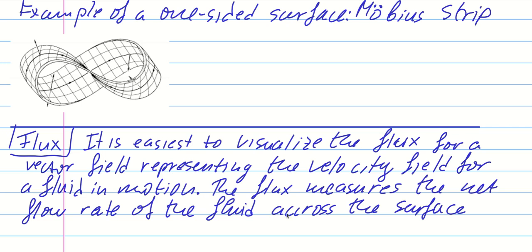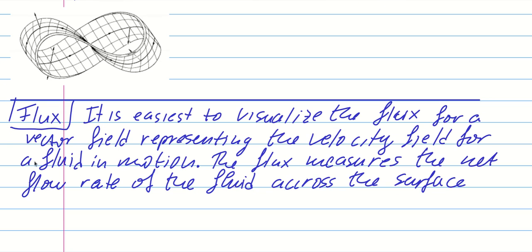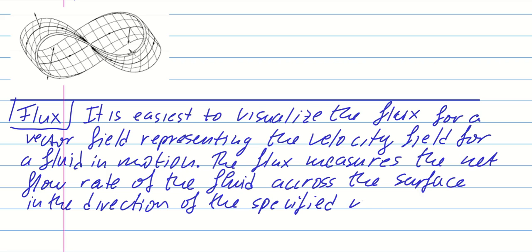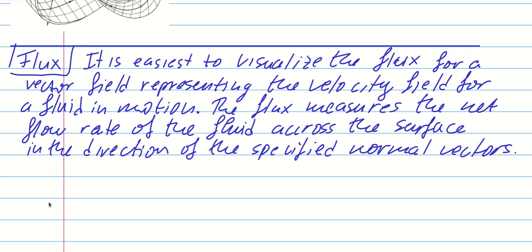But if it's a net flow, it has to have a direction, so we add to our definition: across the surface in the direction of the specified normal vectors.